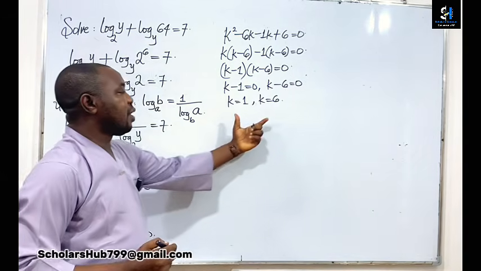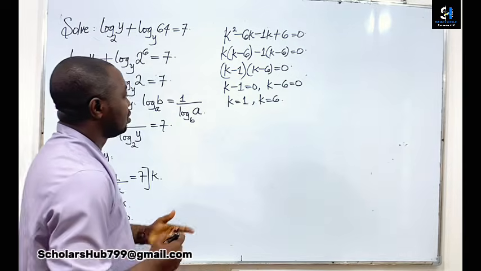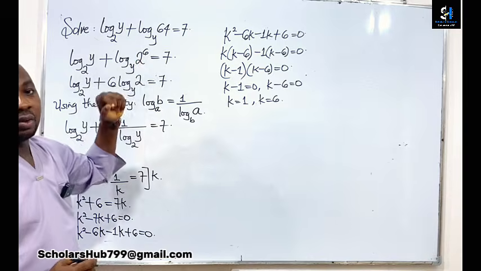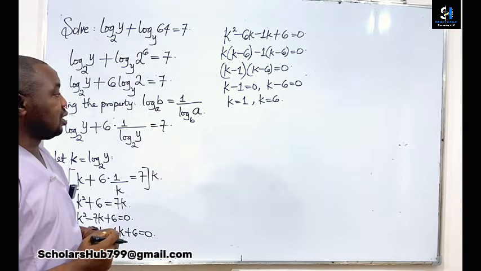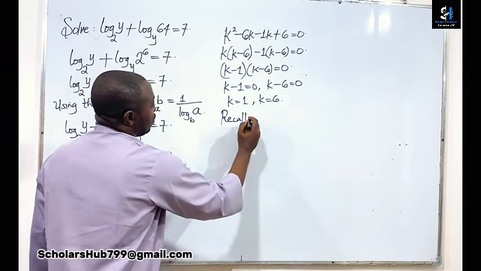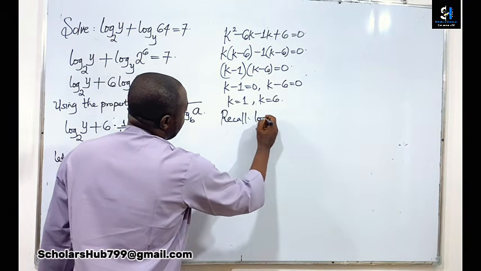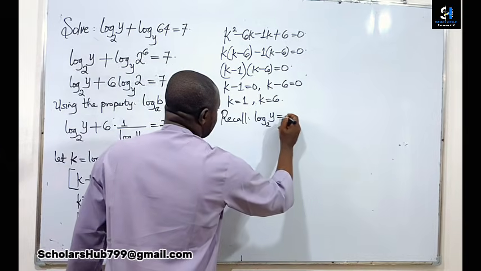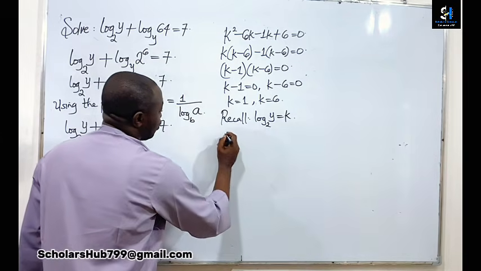So now we have two values of k. These two values we are going to use to solve for the values of y that will satisfy the given equation. So let's recall, we know that log to base 2 of y equals k.